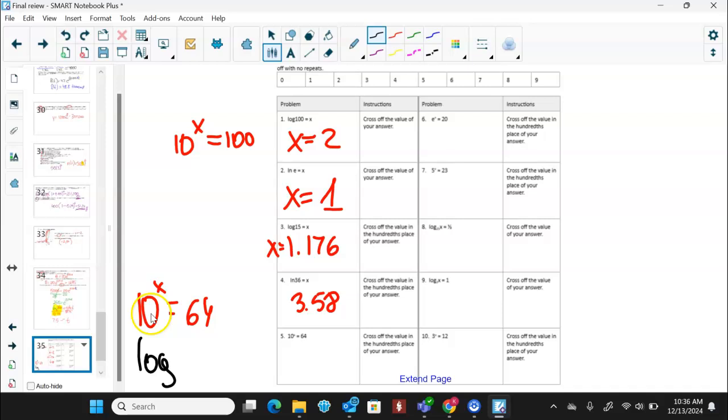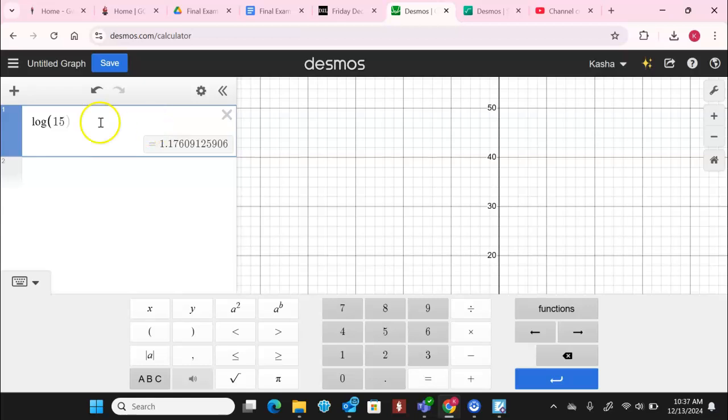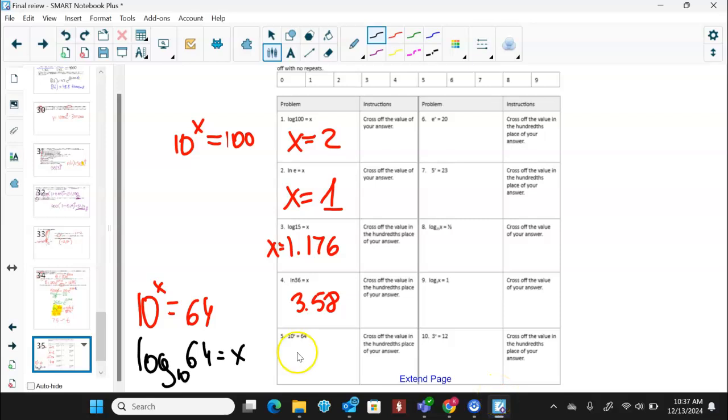Log base 10 of 64 equals x. Now you're going to put that into a calculator, and you're going to get 1.8. Okay. All right. So that's for number 6 if you want to put it there.